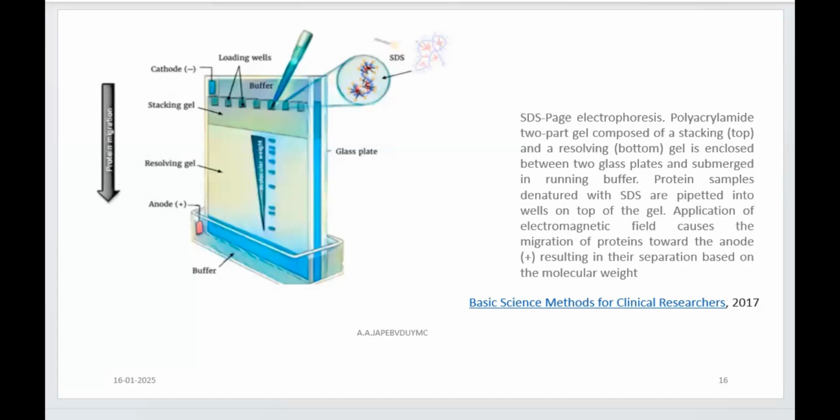When I say SDS, sodium dodecyl sulfate, it is an anionic detergent. So anion, sodium Na plus, and the rest of the chain is CH3, CH2 10 times, CH2 O SO3 Na.